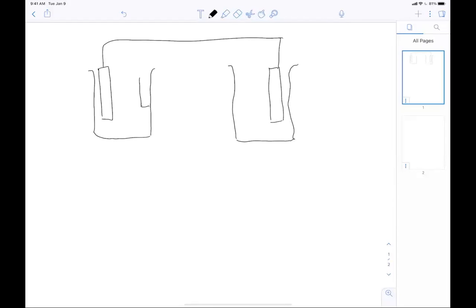What I'm drawing here are beakers, and these are our electrodes. This is a wire connecting these two, and then we would fill it up with some sort of solution. Let's say we have zinc over here and silver over here.